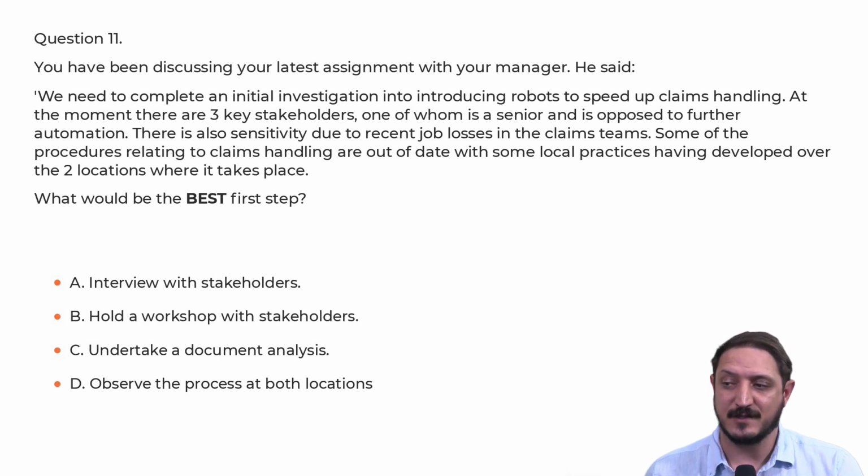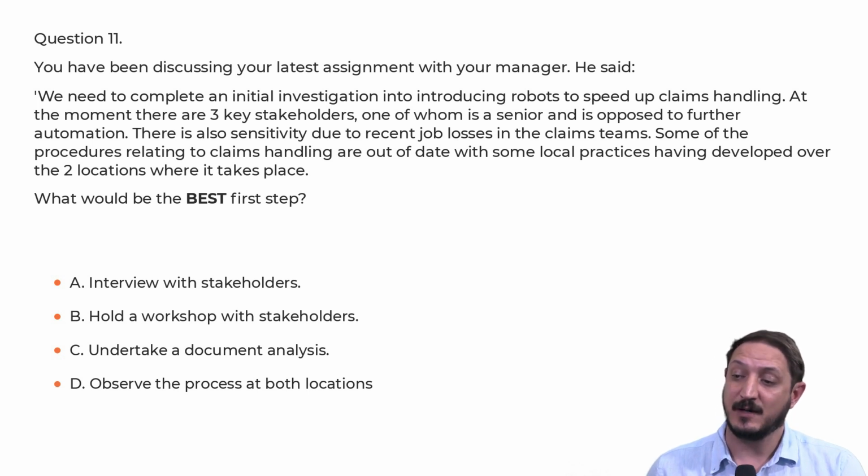There's also sensitivity due to recent job losses in the claims teams. Some of the procedures relating to claims handling are out of date, with some local practices having been developed over the 2 locations where it takes place. What would be the first step?